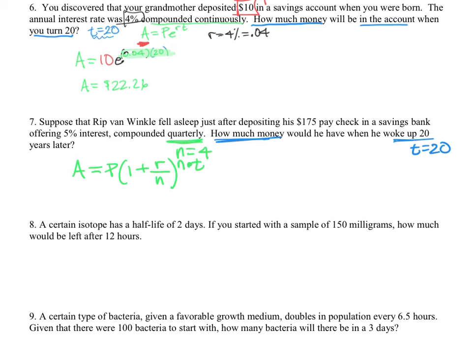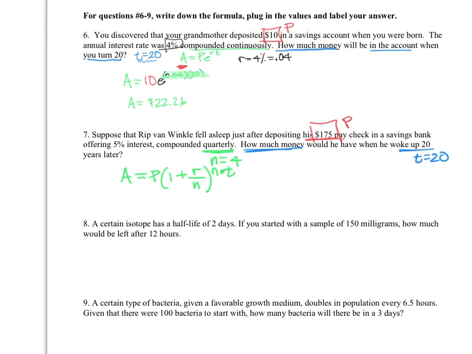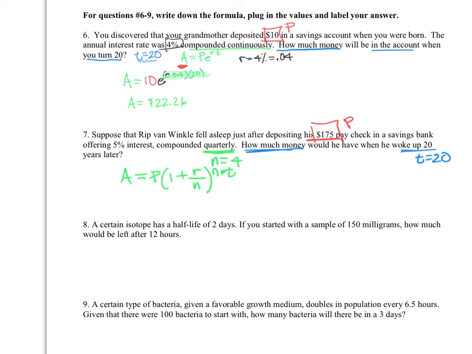Rip Van Winkle fell asleep after depositing $175. That is our present value that is going to grow and compound. And it says it has a 5% interest rate. So this again is our rate of 5% converted to decimal, 0.05.